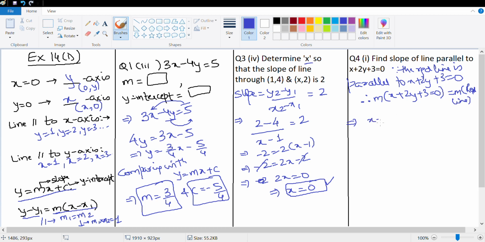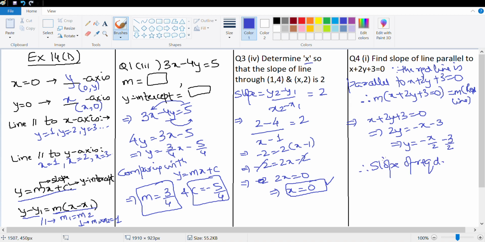So this is x plus 2y plus 3 is equal to 0, which means 2y is equal to -x minus 3, which means y is equal to -x upon 2 minus 3 upon 2. Therefore the slope here is m is -1/2, therefore the slope of the required line is also -1/2 because the two lines are parallel to each other. Perfect. Let's move on to the next question.